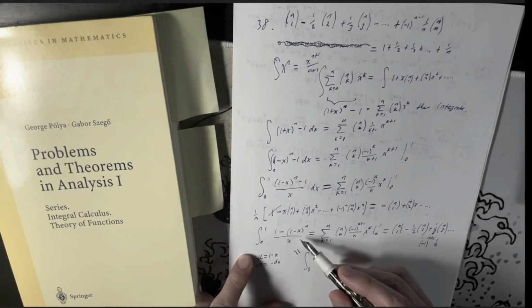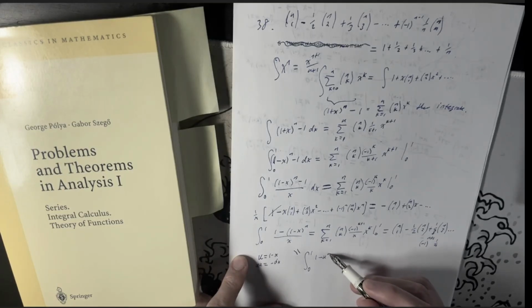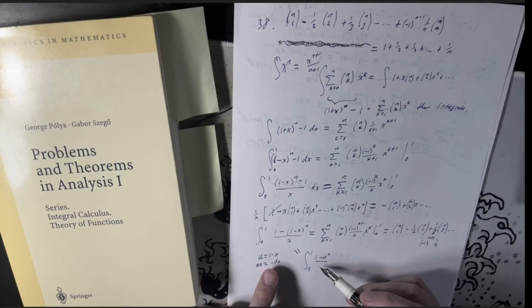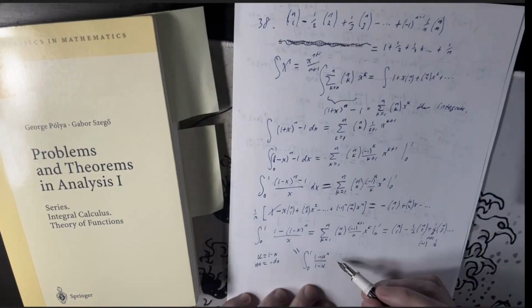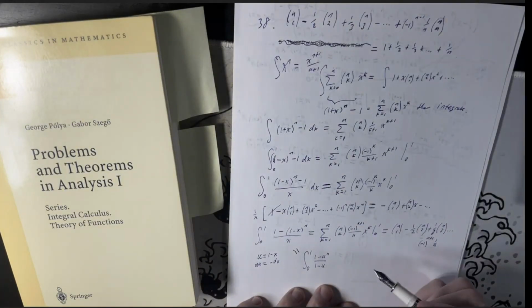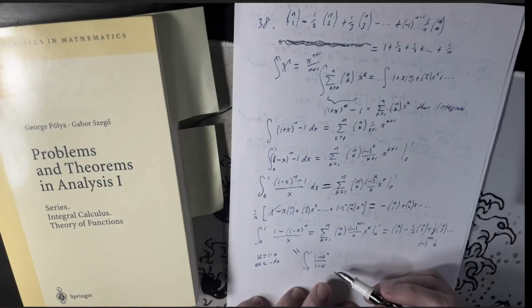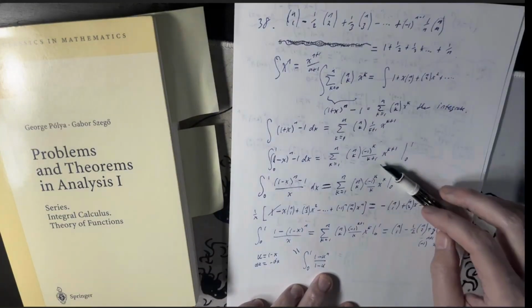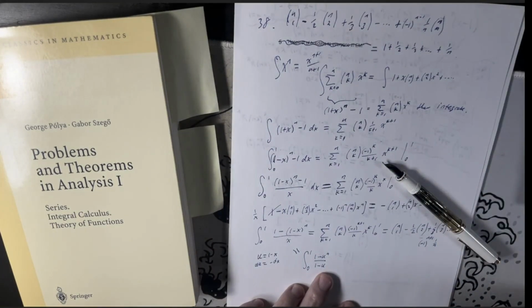But then when we do the substitution, we get 1 minus u to the n over, it looks like 1 minus u downstairs. Which is, it does look a lot like 1 plus u squared, etc.